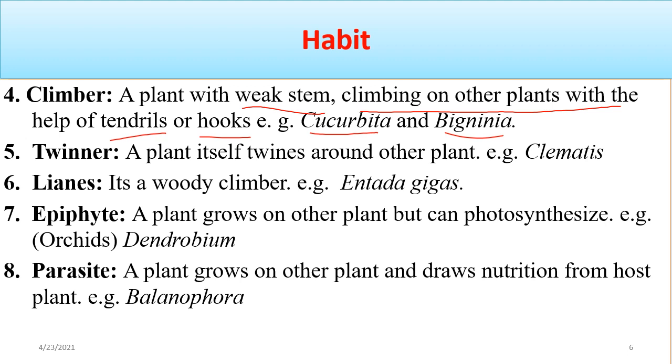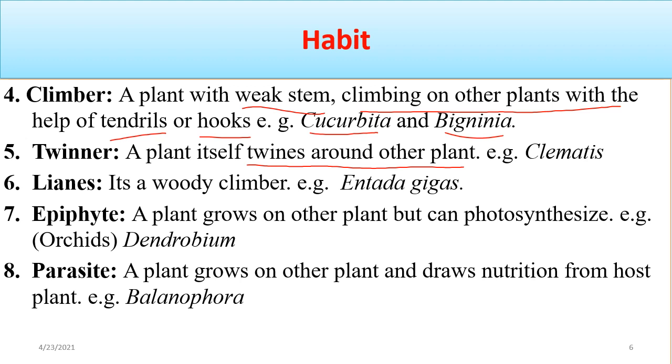Twiner is a kind of plant which itself twines around other plants. So clematis, Marathi name is Gokarn, is an ideal example of twiner where tendrils and other such structures are absent, but the plant itself is twining around the support, and that is called a twiner. Then liana is actually a woody climber.